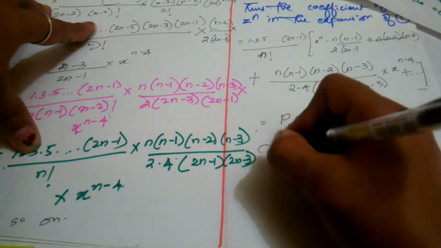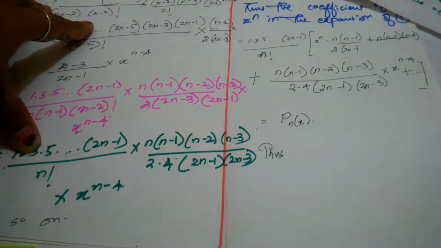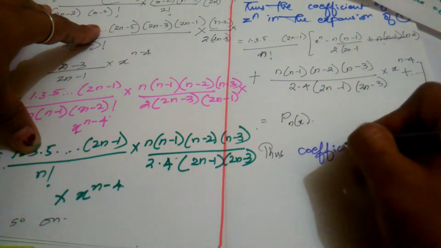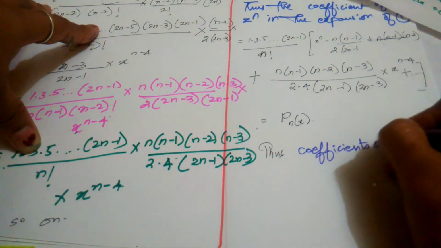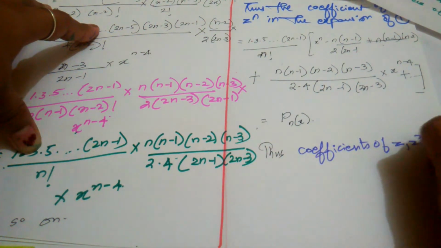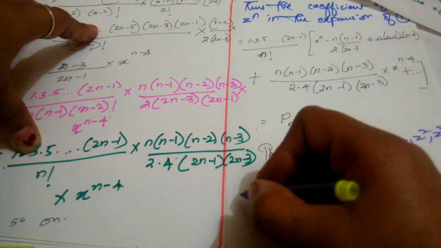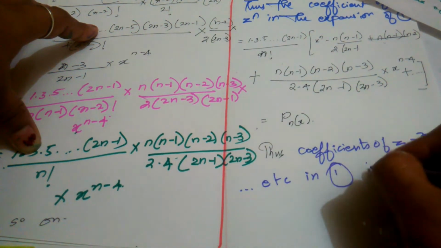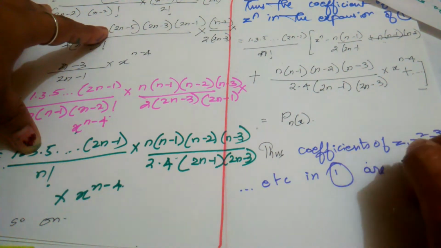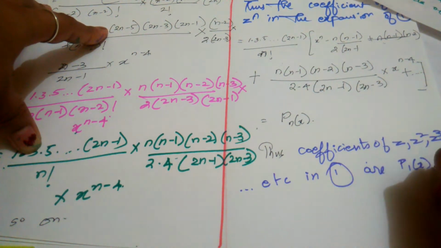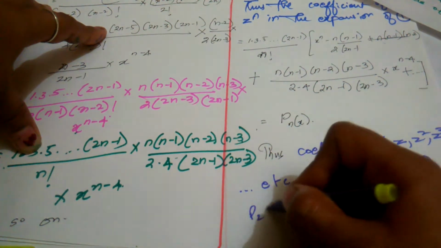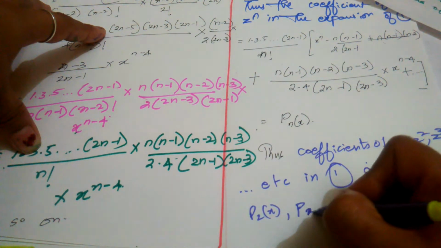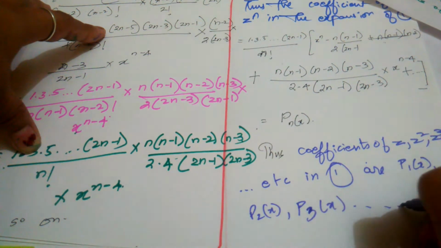So what we are getting, these coefficients of z square, z cube, etc. in 1 are there p1 of x, then p2 of x, then p3 of x dot dot dot dot.